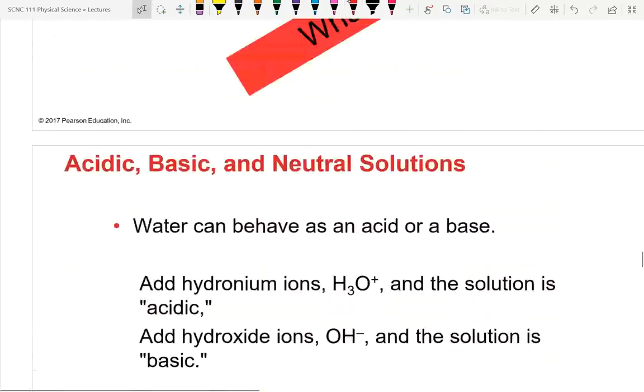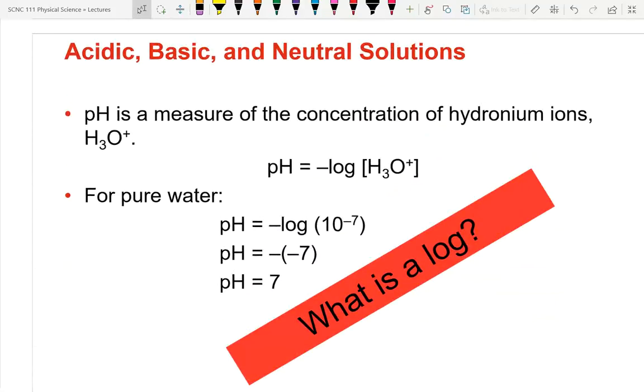Now, what we're going to do is a calculation, and this is the definition of pH. I don't remember what the P stands for, but H is for hydronium. It's a measurement of the concentration of hydronium, and it's a log base 10 of the concentration of hydronium in molarity.